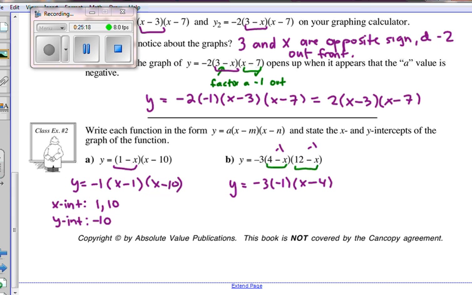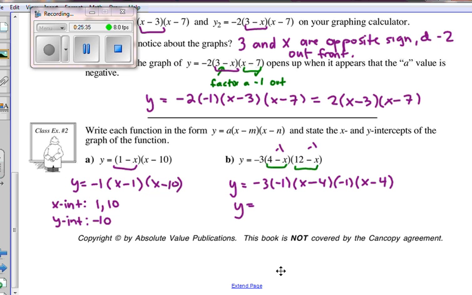Factor out the negative for that guy, we're left with x minus 12. Sorry. Yeah, we're just switching it around.